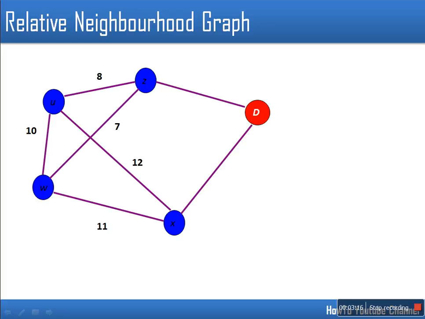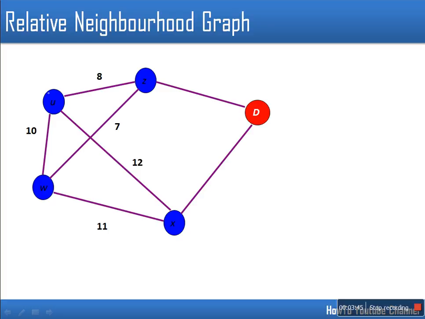Now let's apply this RNG technique on this graph. Here we can see these two edges are crossing. So let's see first the existence of this edge. In order to check the existence of this edge, we need to find all the nodes which are connected to these two nodes.